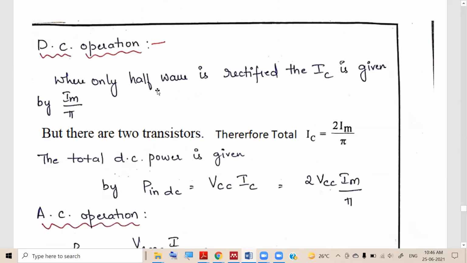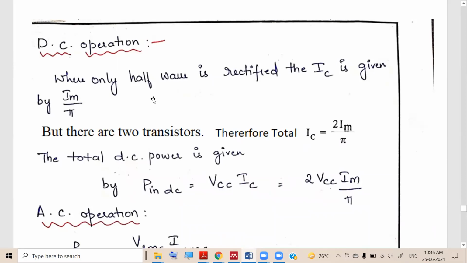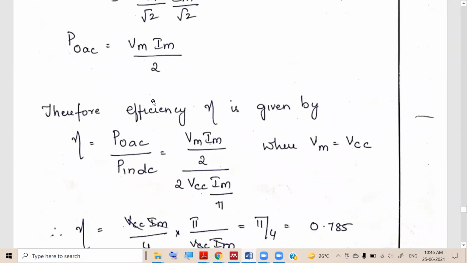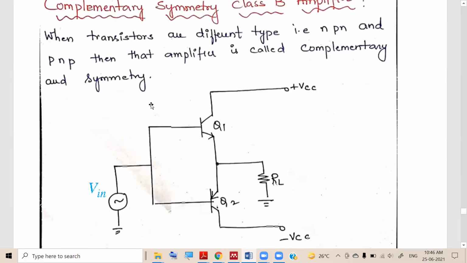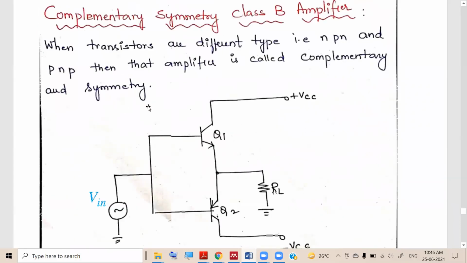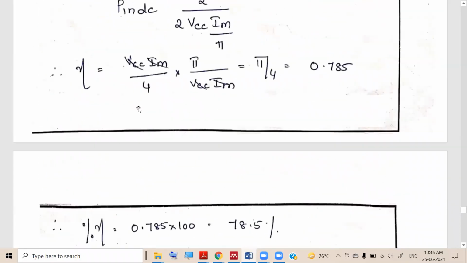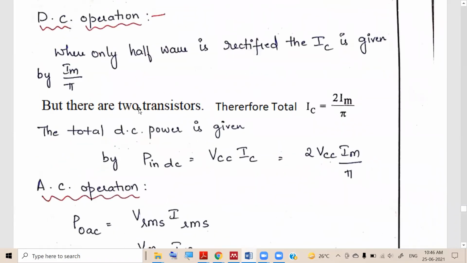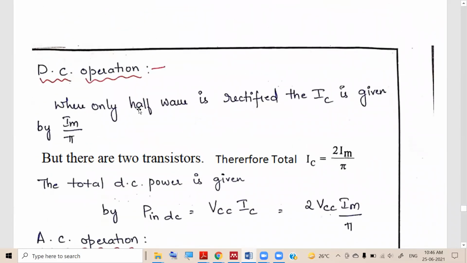So the average value of 1/2 cycle is Im by pi. Each transistor conducts 1/2 cycle. So in total we have 2/2 cycles. So we can say that the total current is 2 Im by pi.